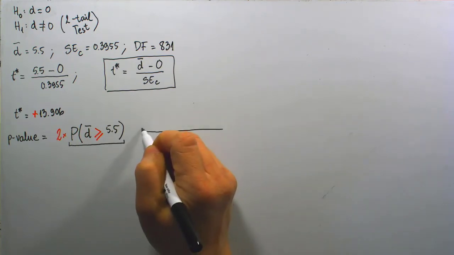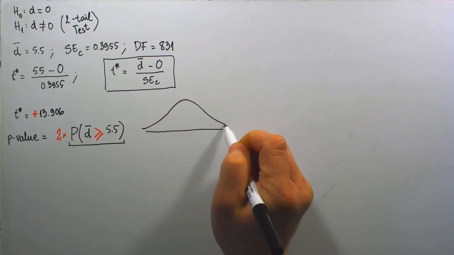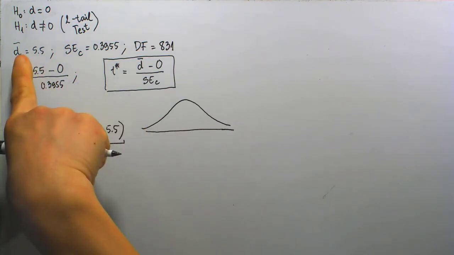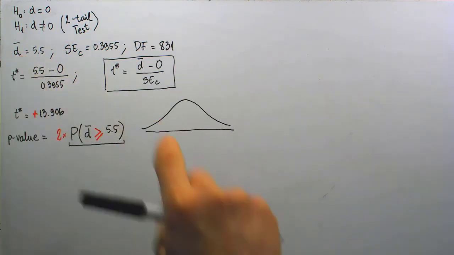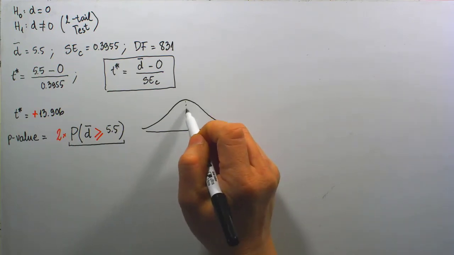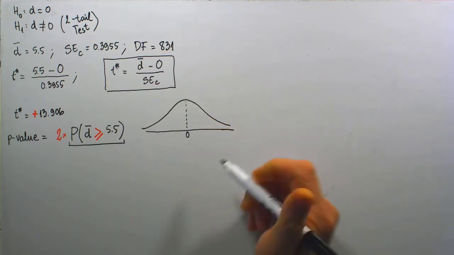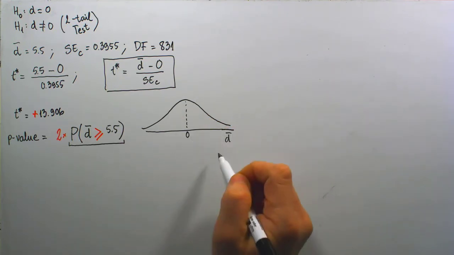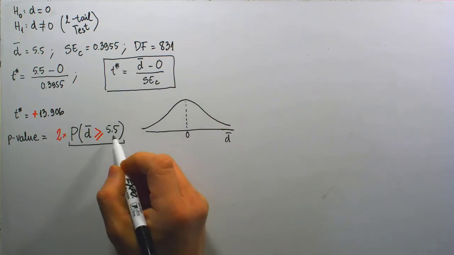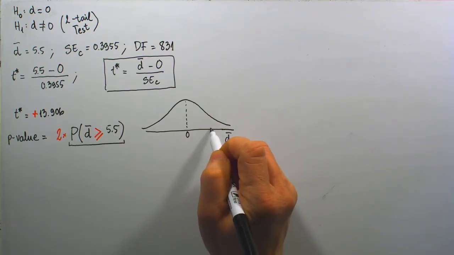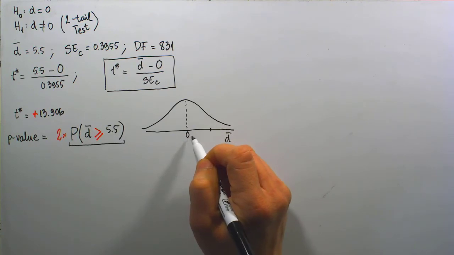Any of our sample d bars can be placed on this line of the bell curve. The center of this bell curve is 0. This particular value 5.5 is somewhere to the right-hand side of the bell curve center.